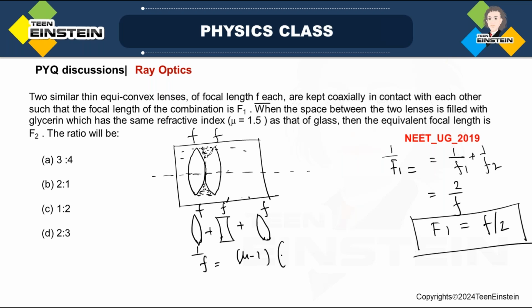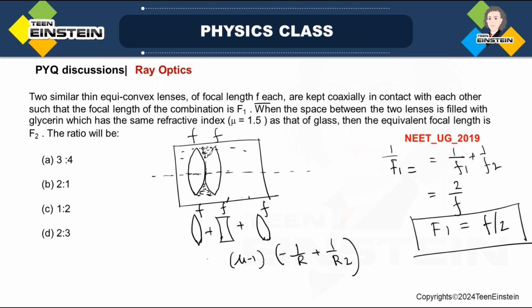So the focal length for this one will be, because this is my mu minus 1, and then I'll have 1 over R1 plus 1 over R2.